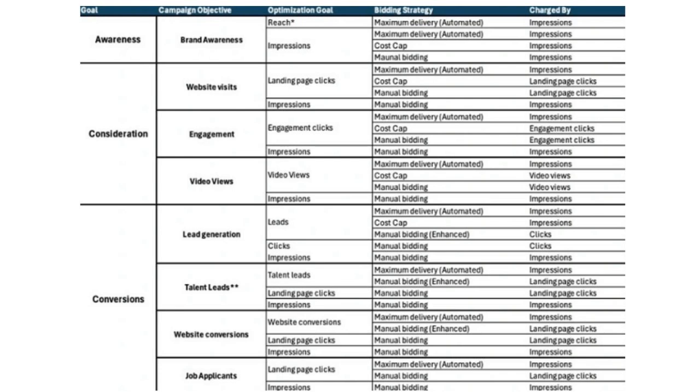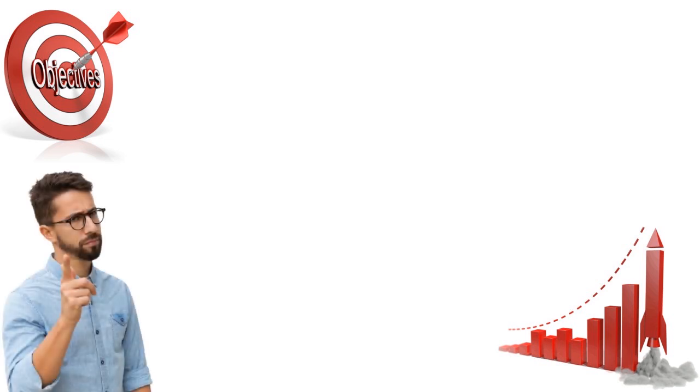While there are only three bidding strategies, they're not all available for every campaign objective or optimization goal. For example, let's say you are planning to use a brand awareness objective and a reach optimization goal. You will only be able to use the maximum delivery bid strategy. Cost cap and manual bidding are not an option for those.